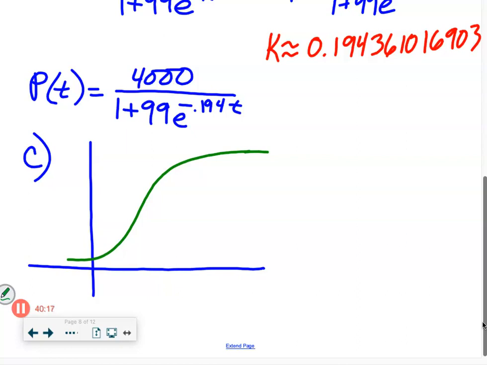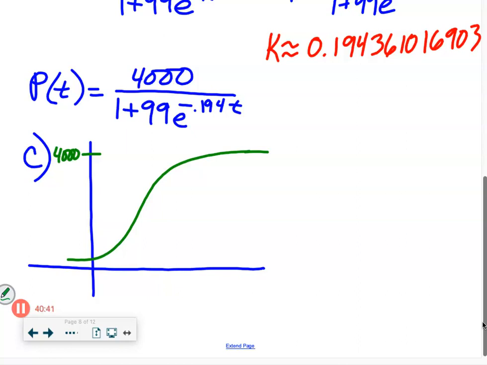So there's the general shape of a traditional logistic model, right? I graph the shape first, then I fill in my numbers to accommodate my shape. So up here, what's the carrying capacity? 4,000. So I label this with a 4,000.